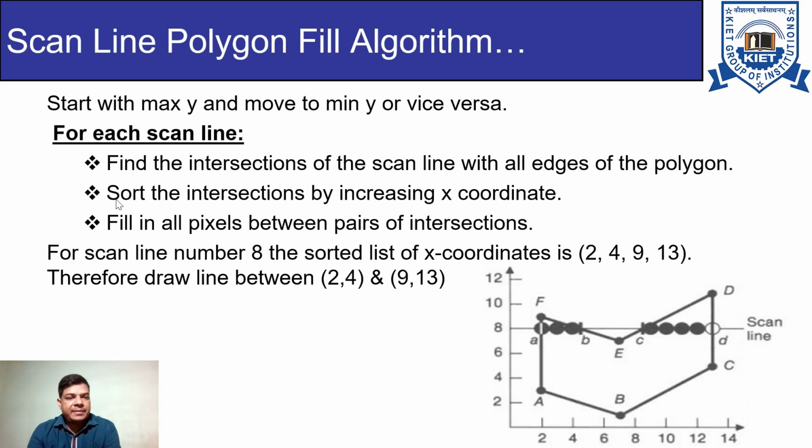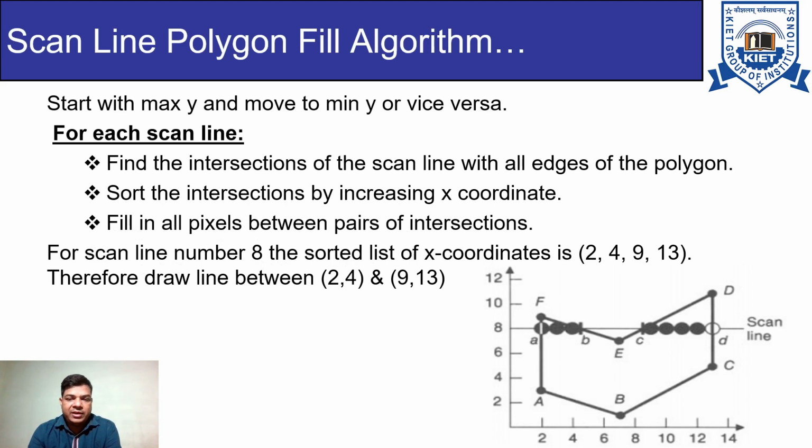In the second step we sort the intersections by increasing x coordinate, and finally we fill in all pixels between the pairs of intersections. For scanline number 8, why do we call it scanline number 8?